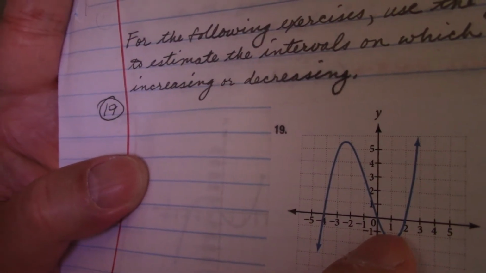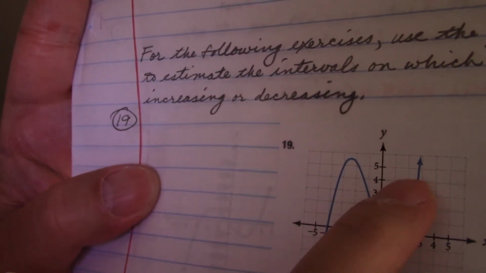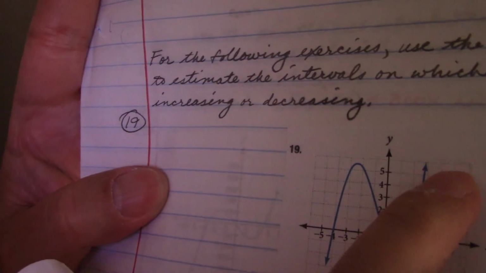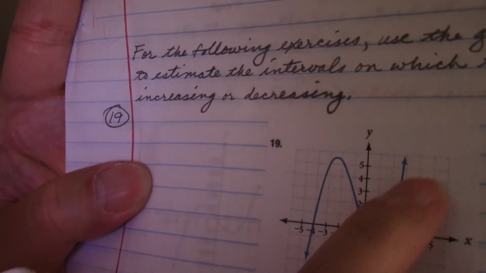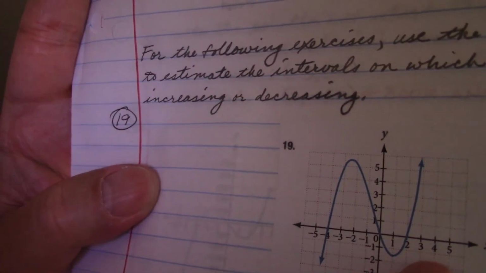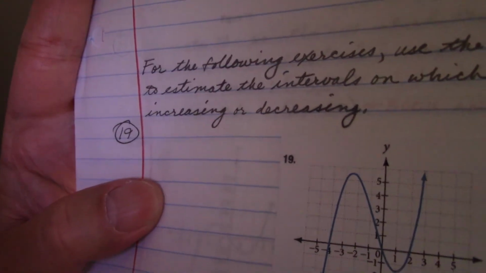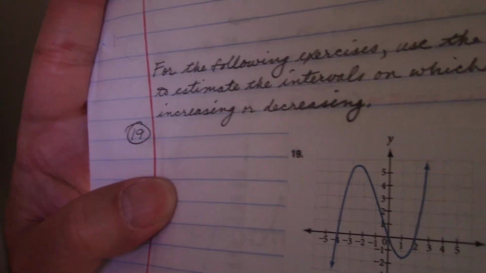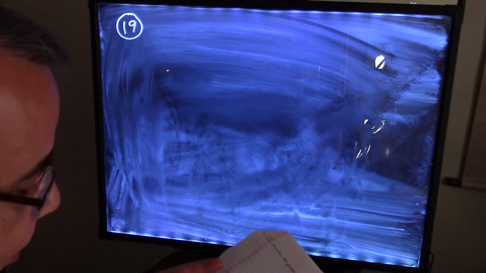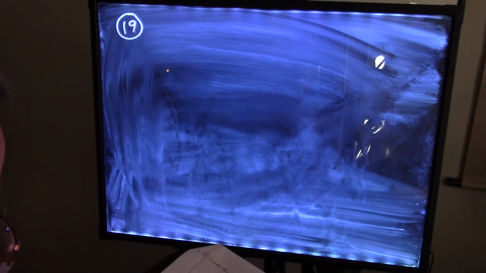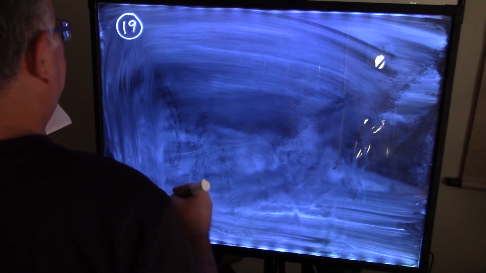Looks like x equals 1. And then it increases to positive infinity. From x equals 1 to positive infinity, it keeps going up, up, up. So if you look at that closely in your book, here's what you should come up with.